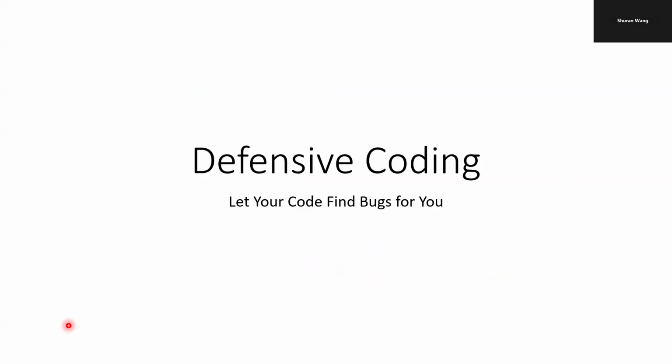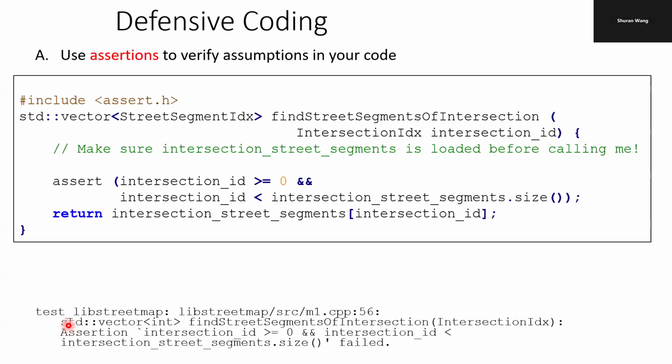Next, defensive coding. Let your code find bugs for you. This is mostly optional in this course, but still very helpful to have. Use assertions to verify assumptions in your code.